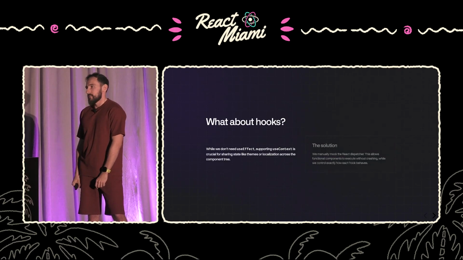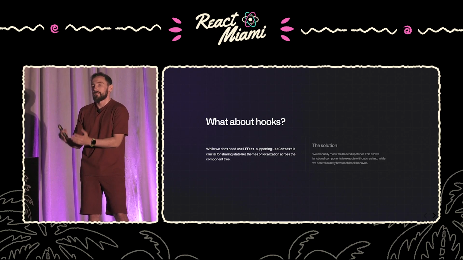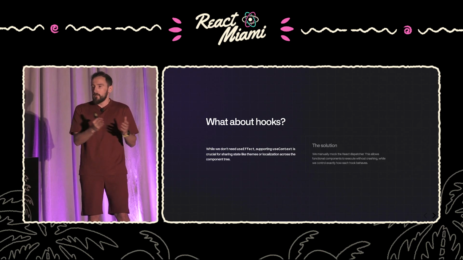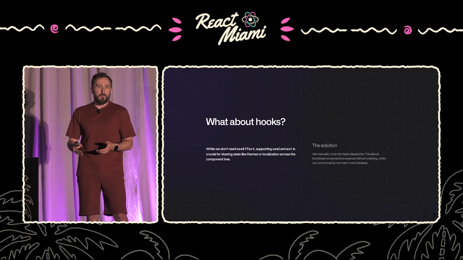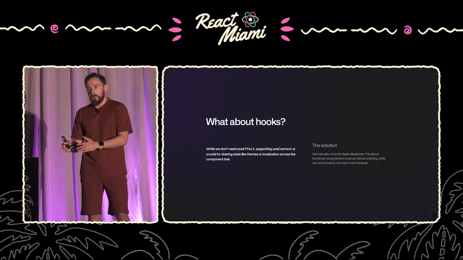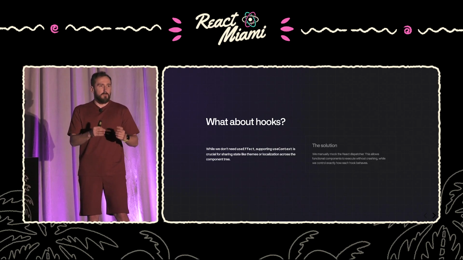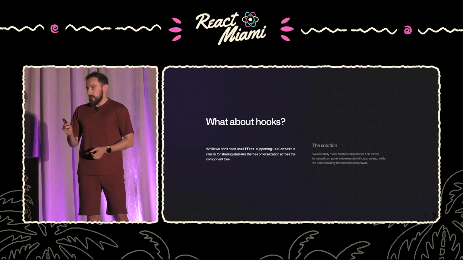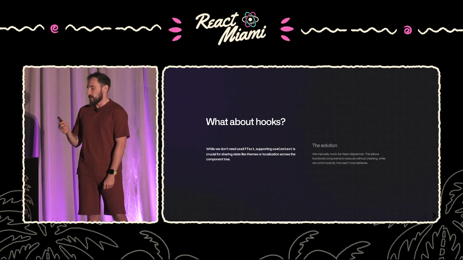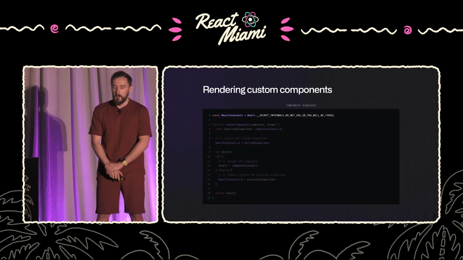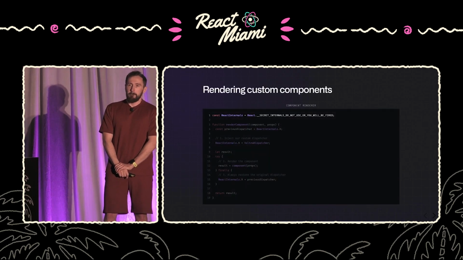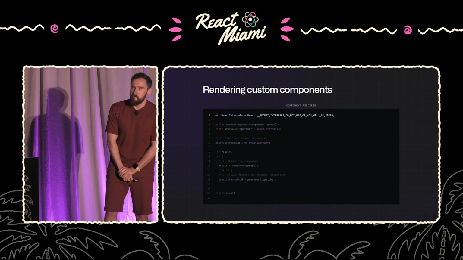But then I realized I need some hooks, because people want to use context to inject custom colors, for example, to their buttons. So I don't want them to be forced to use prop drilling. So yeah, I went into React this time to look for clues on how hooks work. This is a real property.